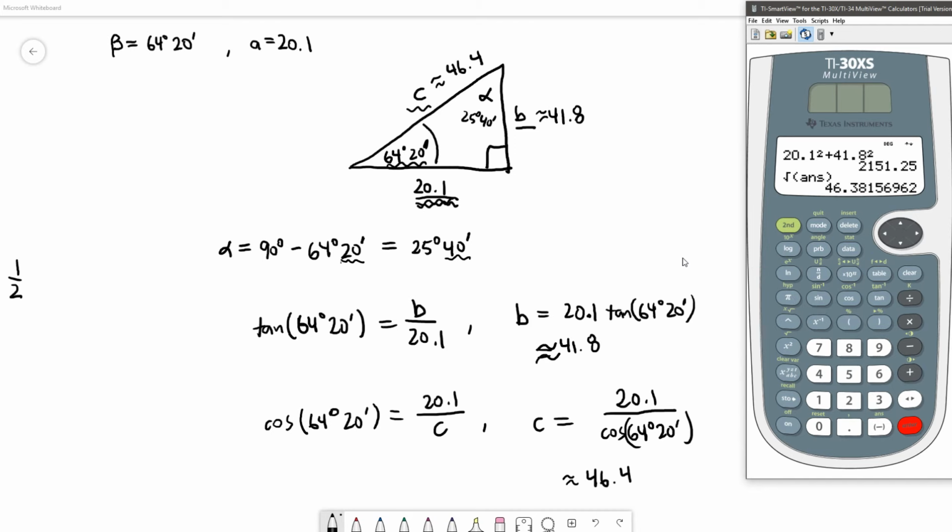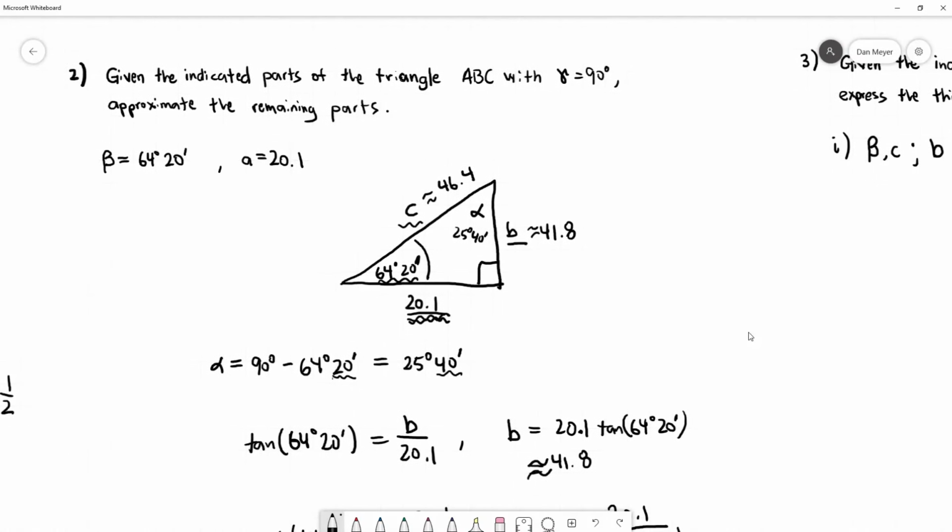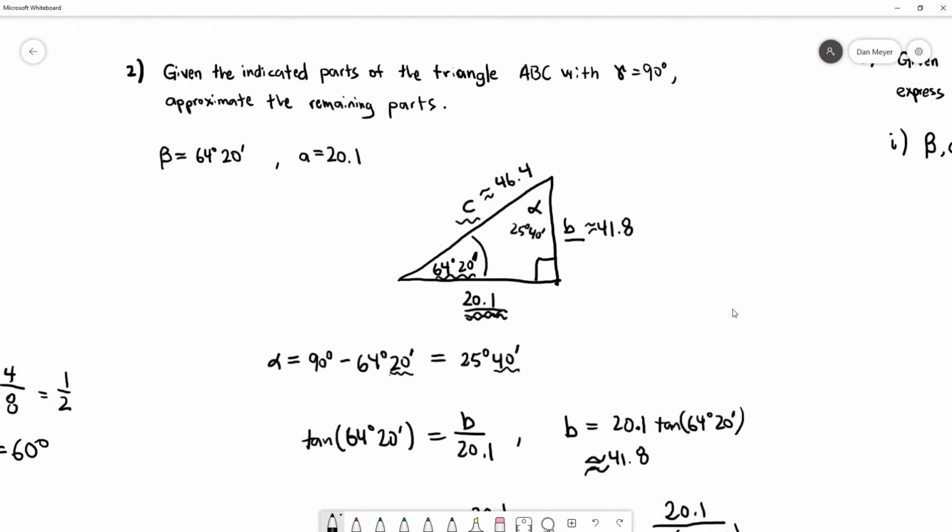That's one of the nice things about having a couple of different ways of doing the problem: you can do the problem one way and then use the other way to check your answer. So that's a nice way to maybe avoid making some of the sillier mistakes. So solving triangles is not all that bad when you have numerical values.